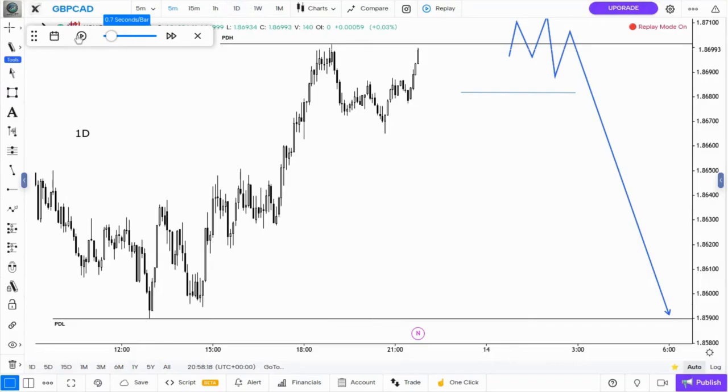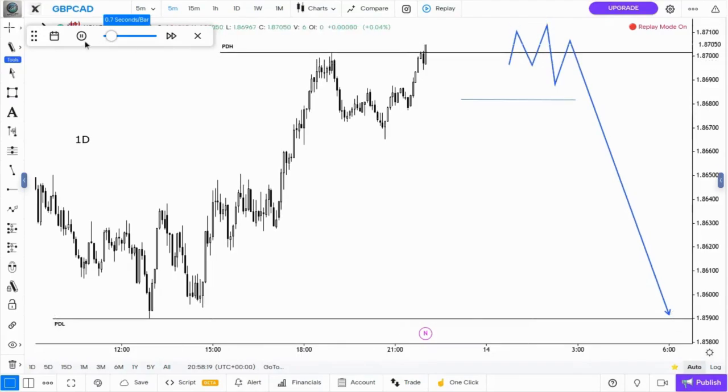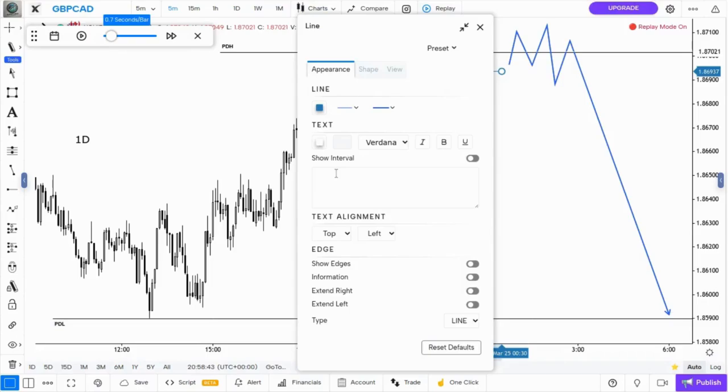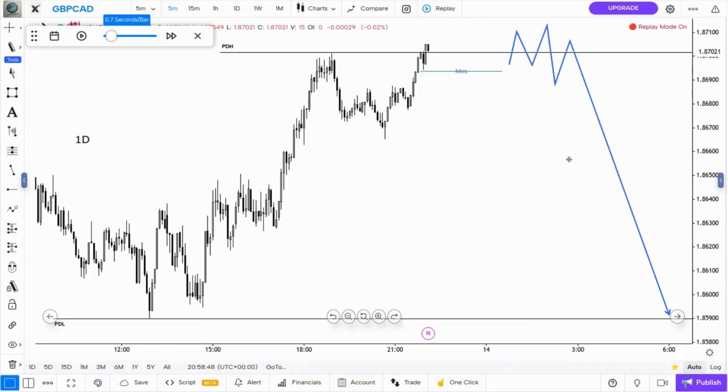So as you guys can see, the price swept and created a demand zone right here. This was the last demand zone. If the price sweeps this last demand zone, that will be a confirmation of the market structure shift for us to enter a sell. On the 5-minute, a market structure shift.